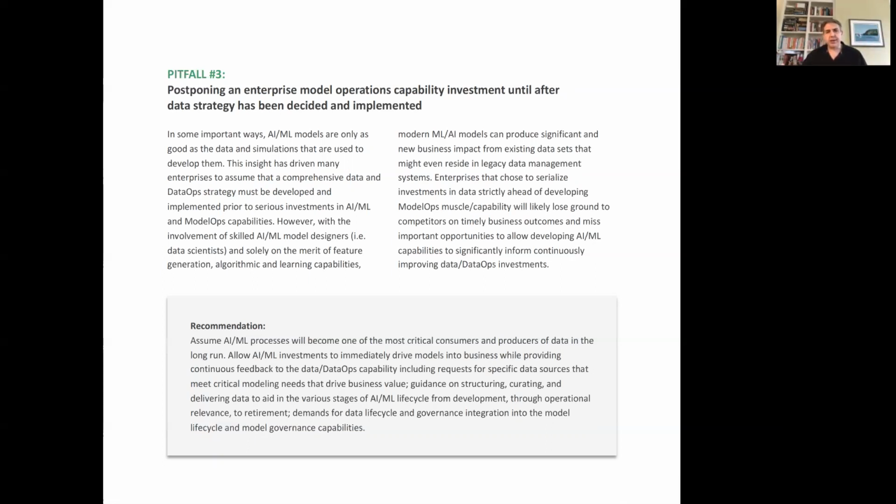and full stack control of their entire data flow, all the way down to the endpoints of acquisition and AI decisioning, like an app, for example. But what they have understood is that as their ML and AI capability has matured, models become increasingly the #1 consumer and #1 producer of data.